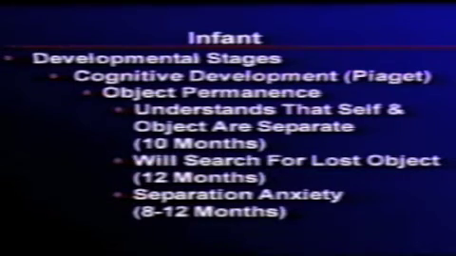The way that this will most likely manifest in a question is caregiver separation anxiety, where the baby has now realized that if mom goes out of a door, she didn't just disappear, and that's distressing to the baby. This is going to be important when you talk about the hospitalized child, when you see questions about anxiety and caregiver separation, and that will start to manifest about 10 months of age.